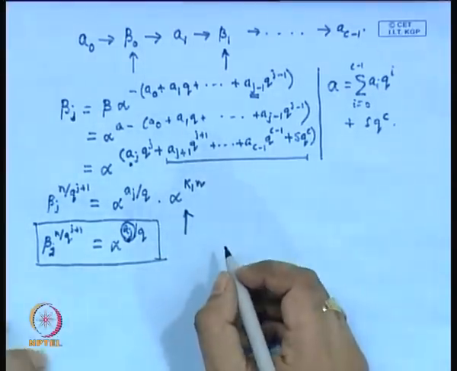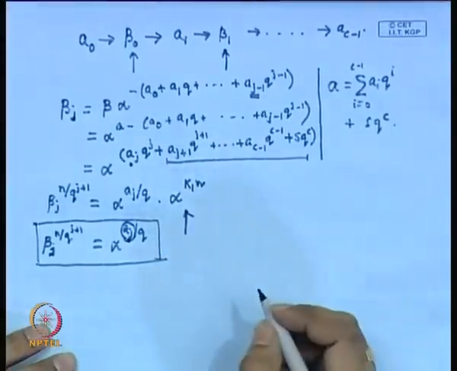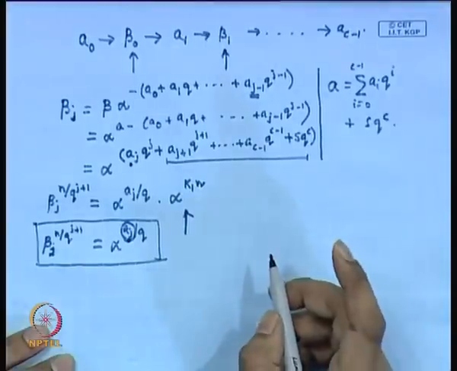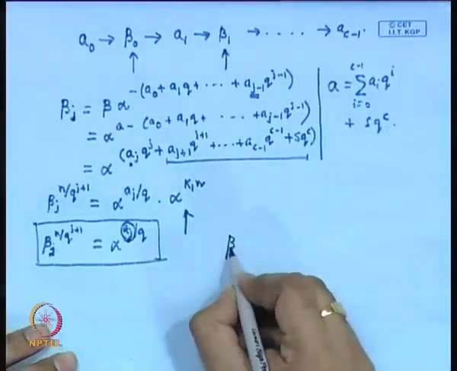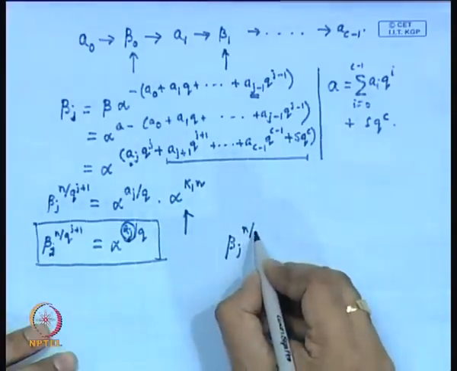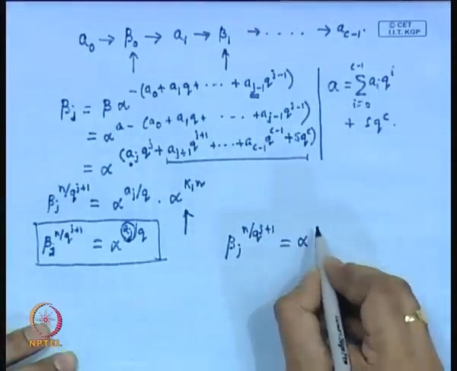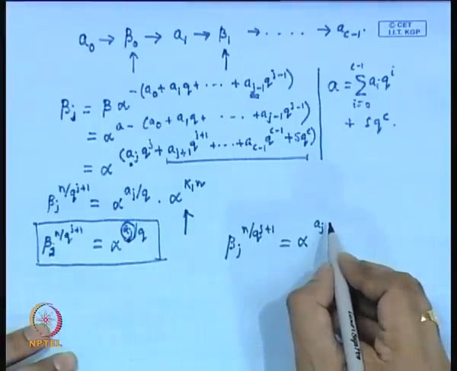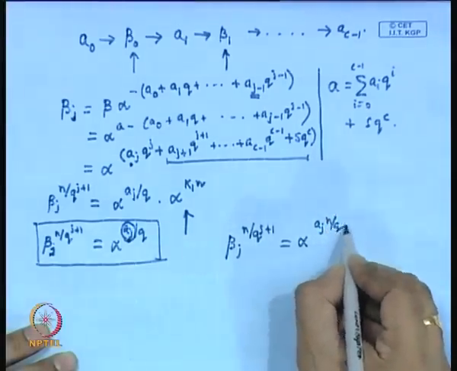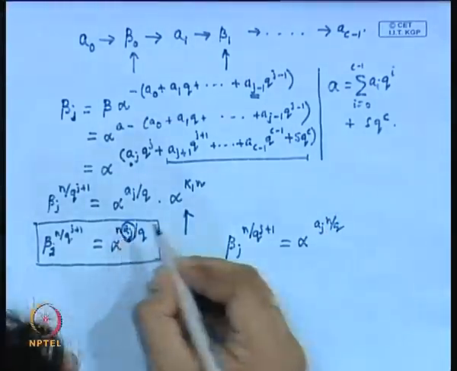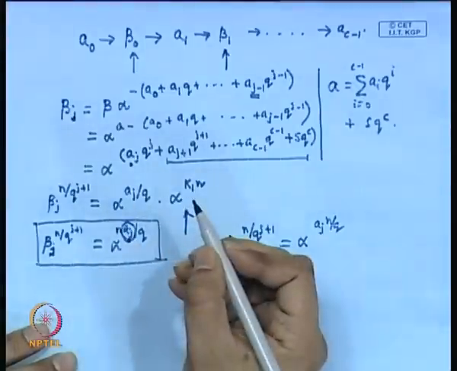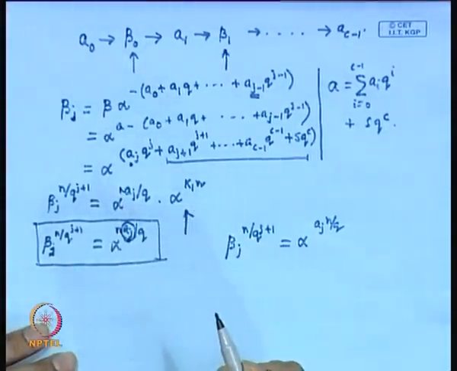So, essentially you can summarize these two descriptions like this, that there are two equations. One equation is beta j raised to the power of n by q to the power j plus 1 is equal to alpha to the power aj n by q. Okay, I missed an n here, there is an n multiplied.